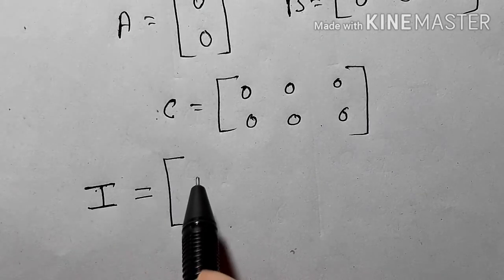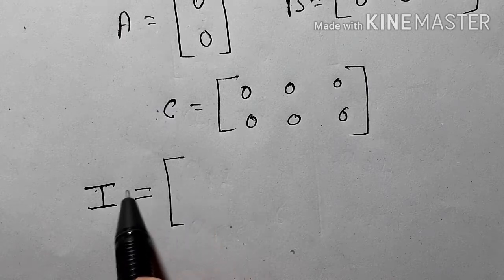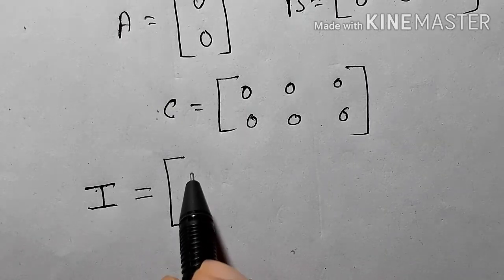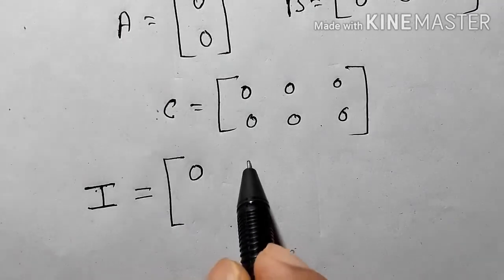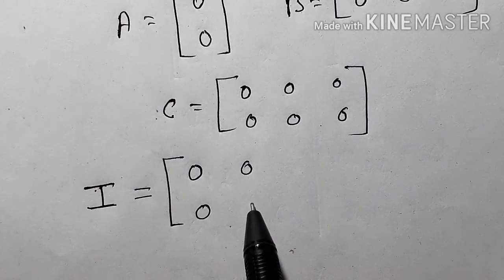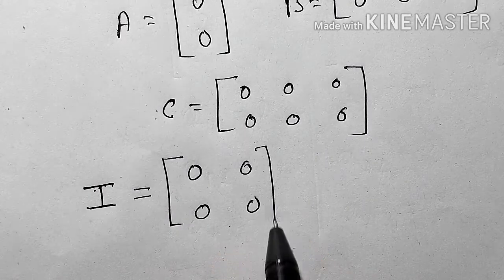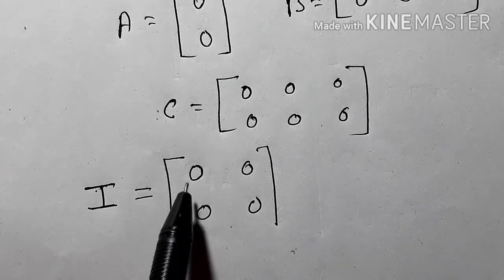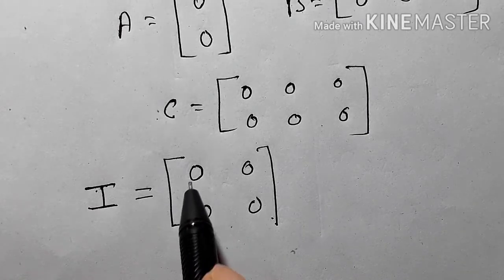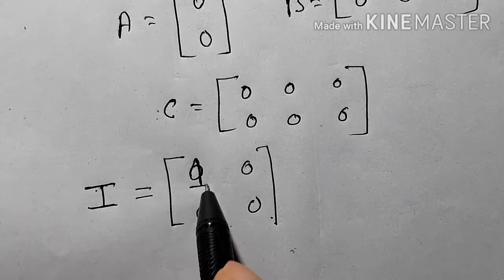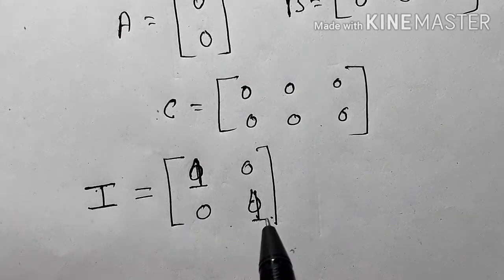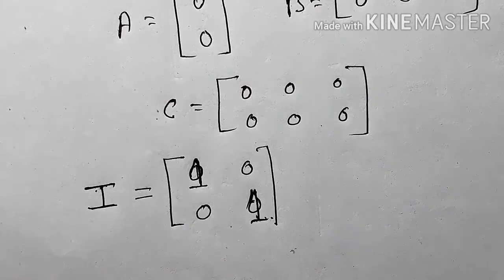First of all, an identity matrix must be a square matrix, but the principal diagonal must be 1.